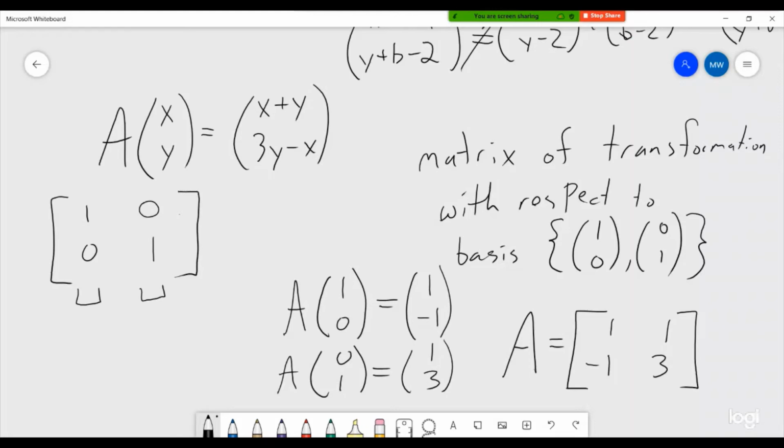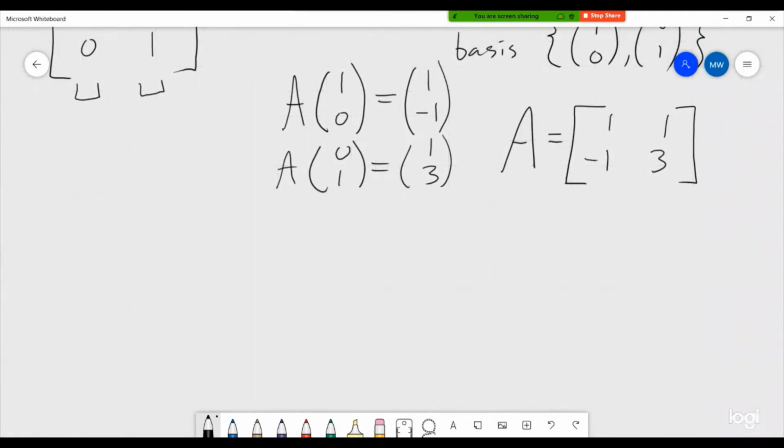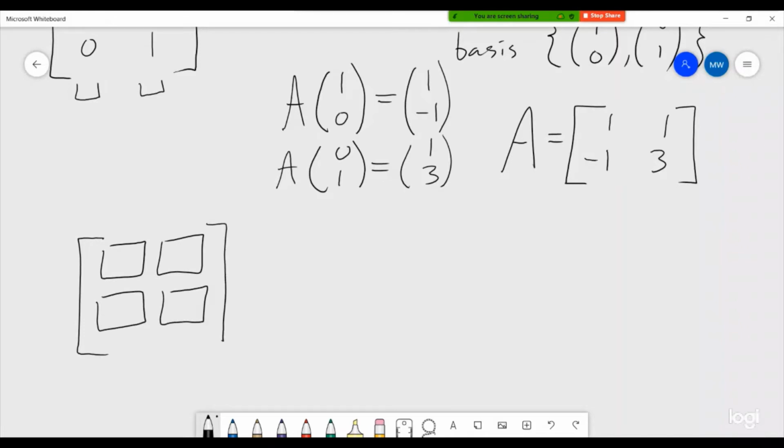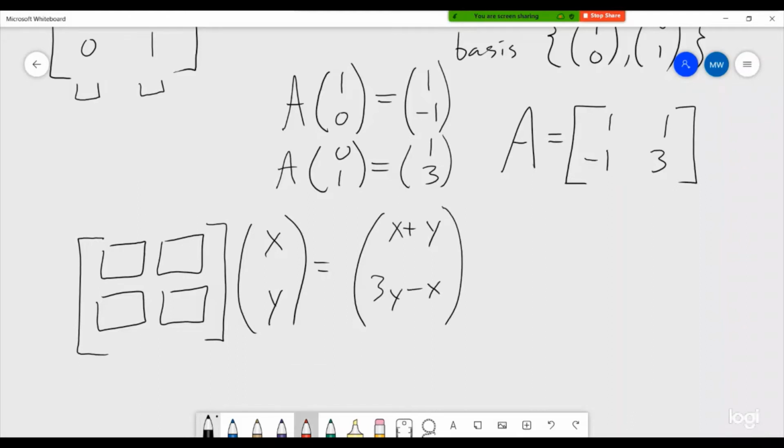Another way we could have approached this is we could say, how many x's and how many y's does it take? We can look at the matrix A and say it's a 2 by 2 matrix, so unknown values go there and there. When we multiply it by (x, y), we are going to get the vector (x + y, 3y - x). How do we get x + y right here? That is going across here multiplied by this.